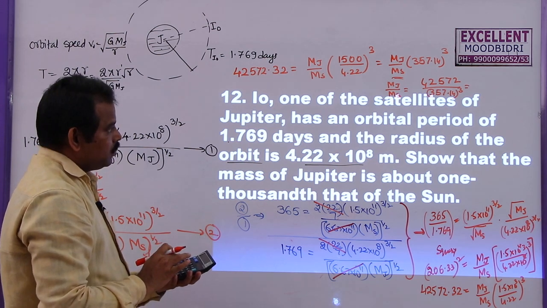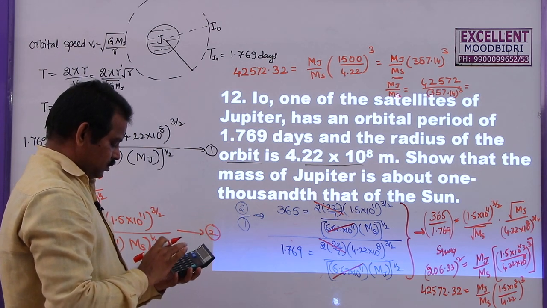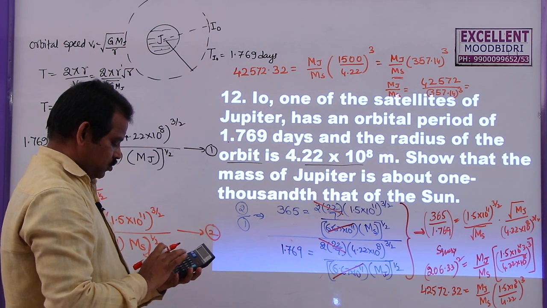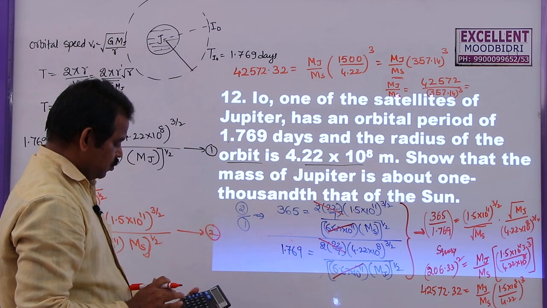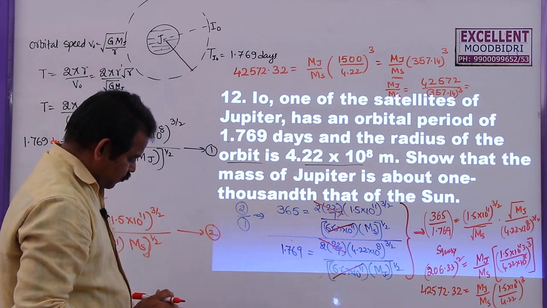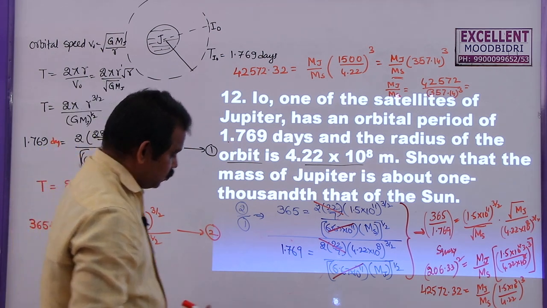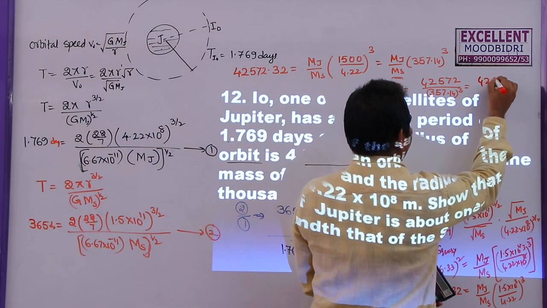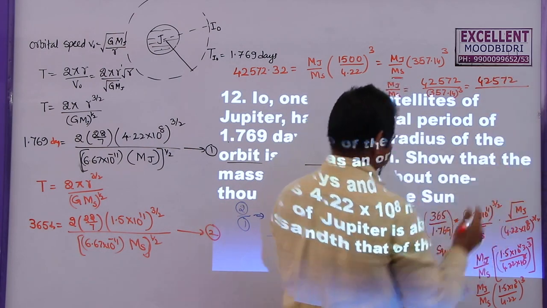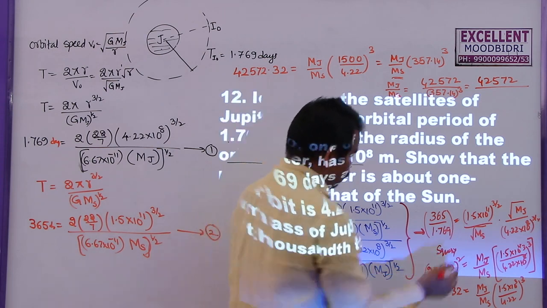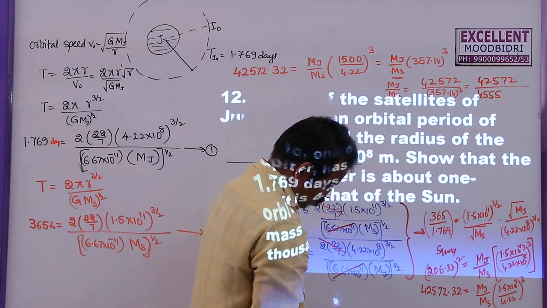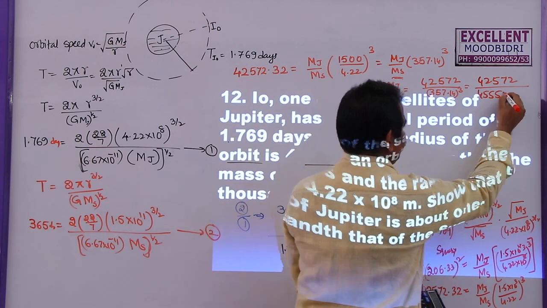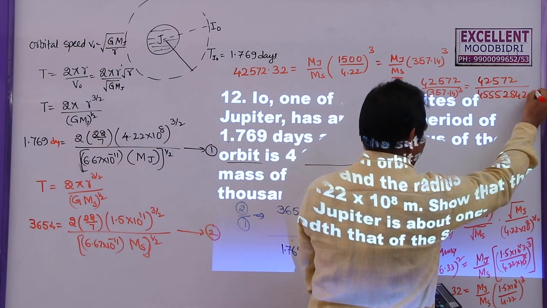Now 357.14 into 357.14 into 357.14 is equal to 4552842.7. So this is 42572 by 4552842.7.